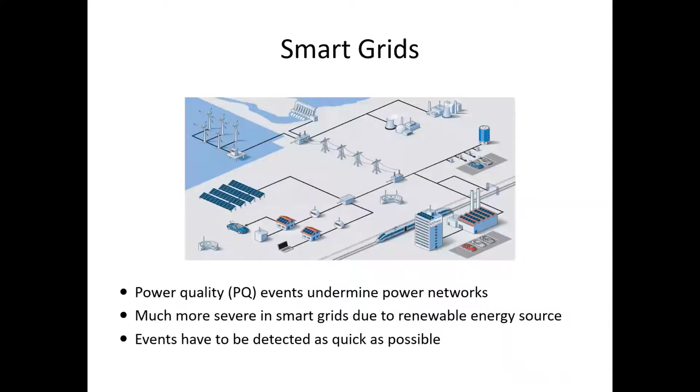Also, in smart grids, we know that power networks are very sensitive to power quality events, or PQ events. This is not a problem in traditional power networks, because in traditional networks your devices are stable and your power sources are also stable. But in smart grids, your source may not be that stable, and your devices may be cheap.